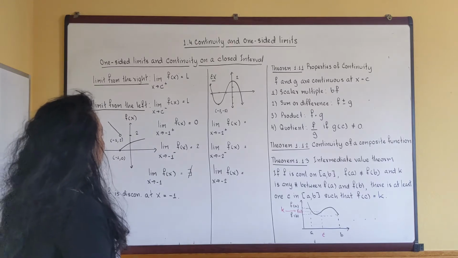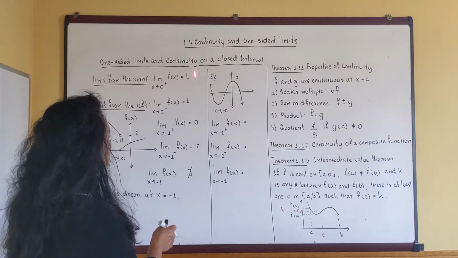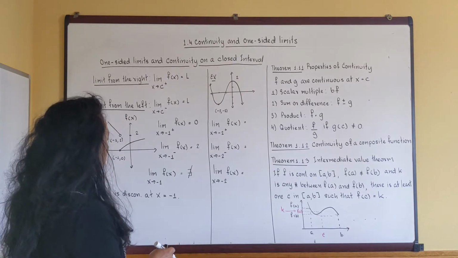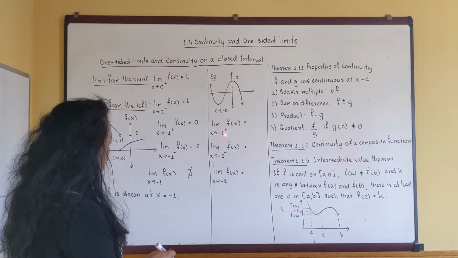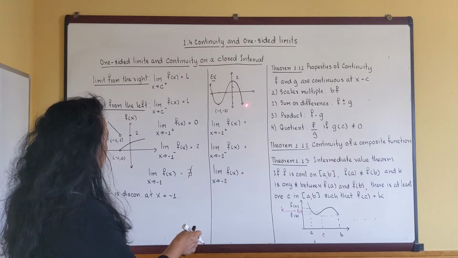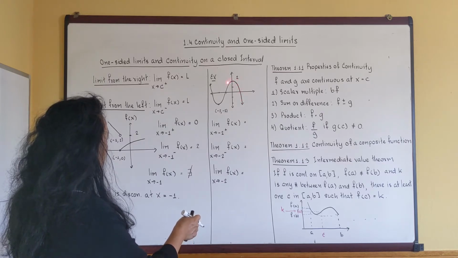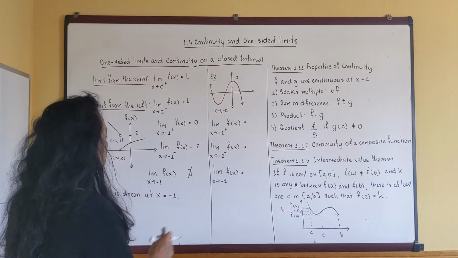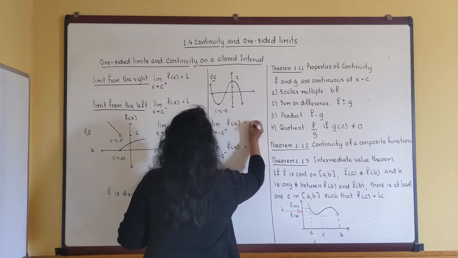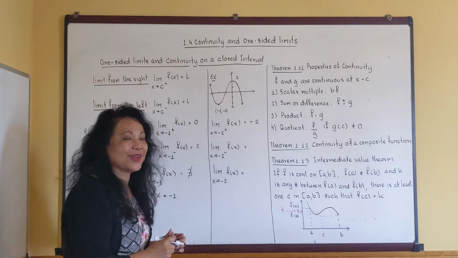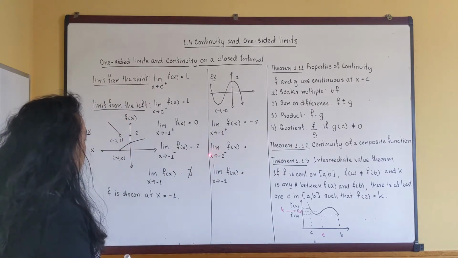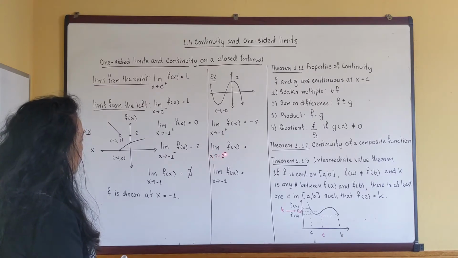Now let's look at my second example. I have this graph. If x approaches -2 from the right, so you start from the right hand side, you follow the graph from the right, f of x would be -2. All right, now the limit as x approaches -2 from the left.